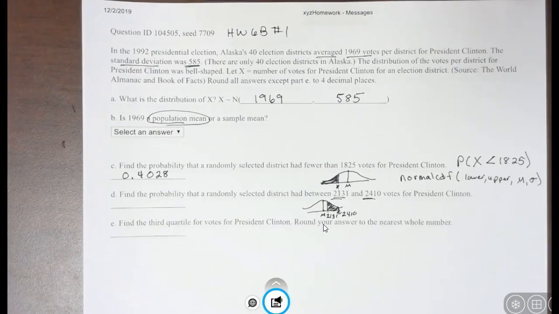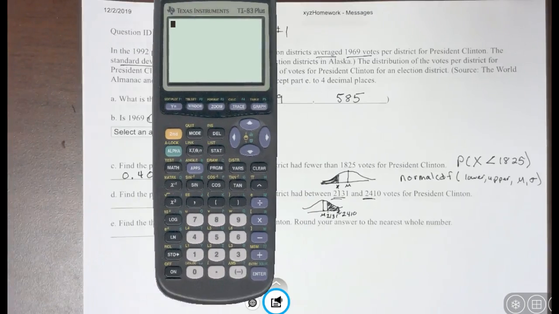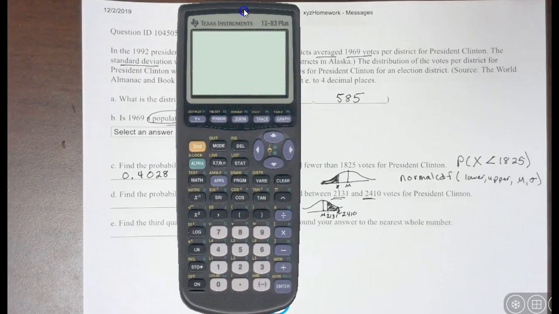So let me bring my calculator back. Okay, and again, second vars, normal CDF, enter. My lower bound for this one is 2131. My upper bound is 2410.